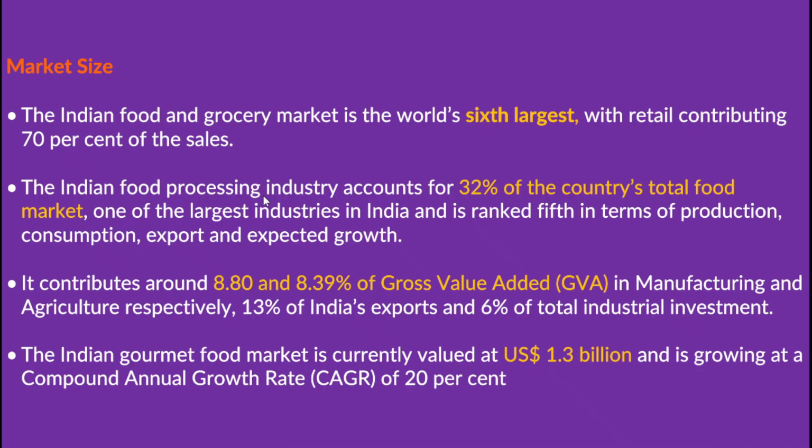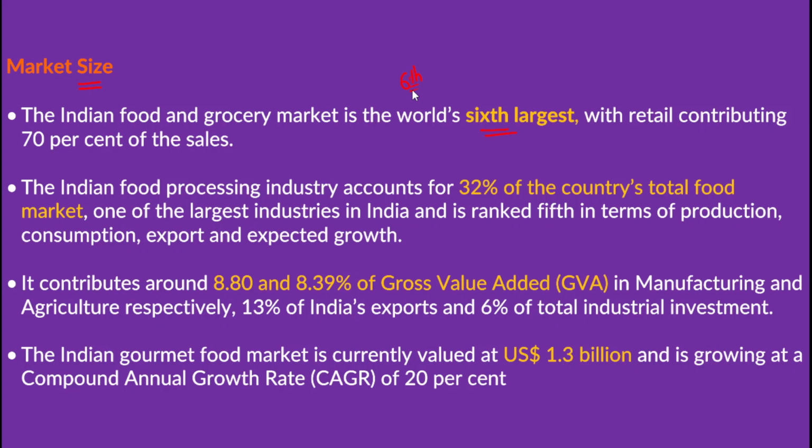Now after that, we need to talk about the market size of the food processing sector in India. Now Indian food and grocery market is the world's 6th largest one. So if you look at the food processing sector across the world, it is the 6th largest sector.